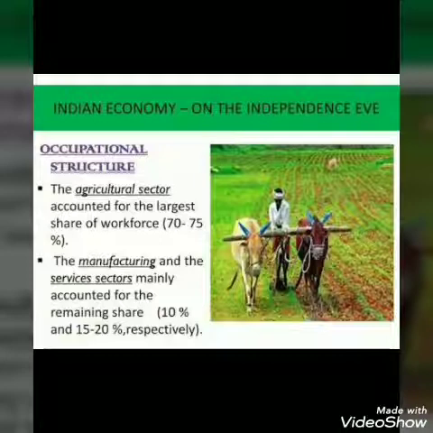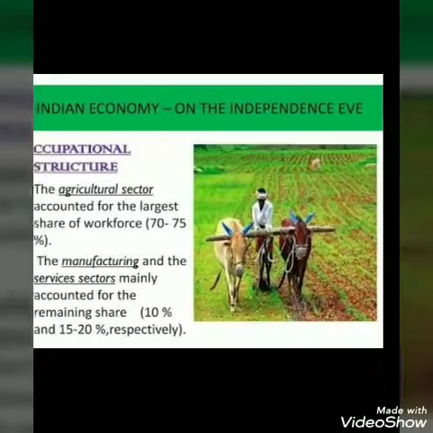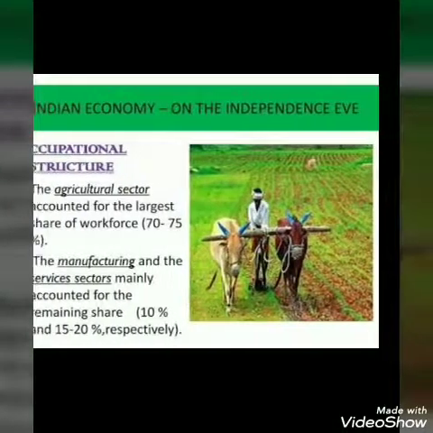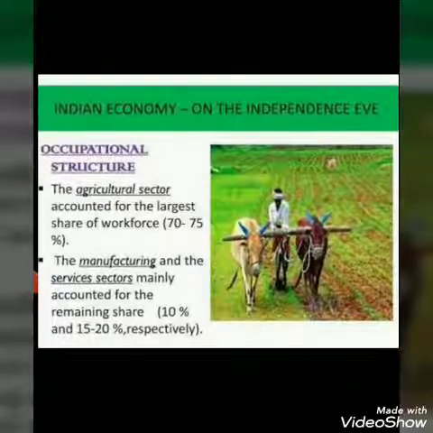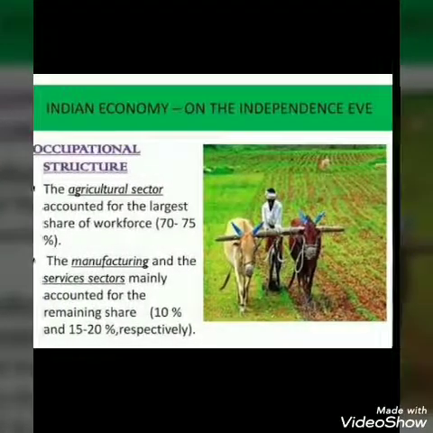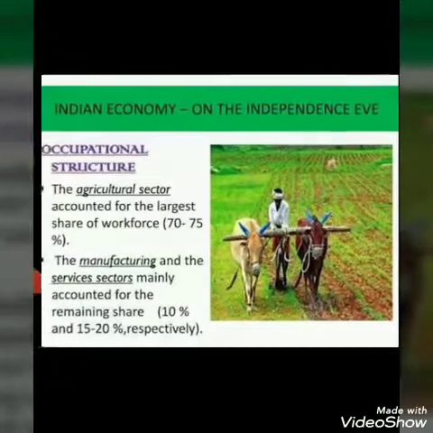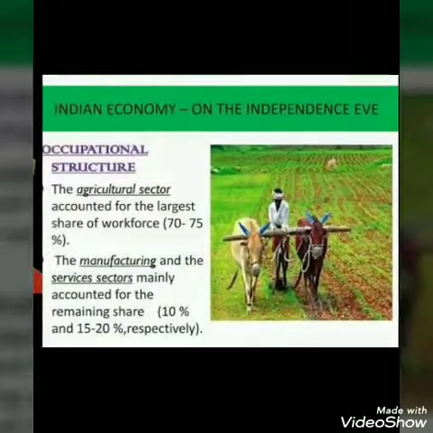At that time the service sector, that means banking, insurance, transportation, advertisement, these things were in very poor condition, okay. So according to this we can say that the Indian economy had unbalanced growth at the time of independence.